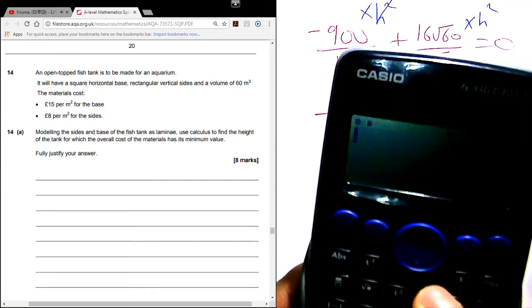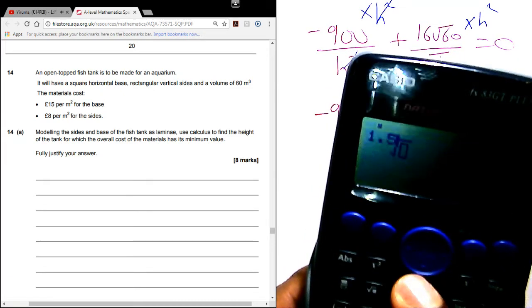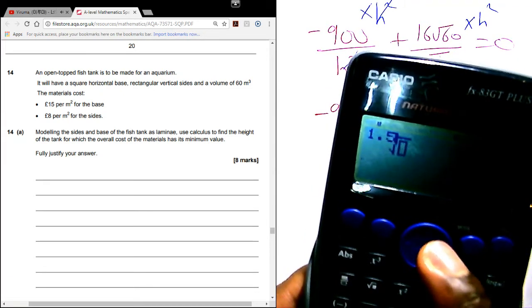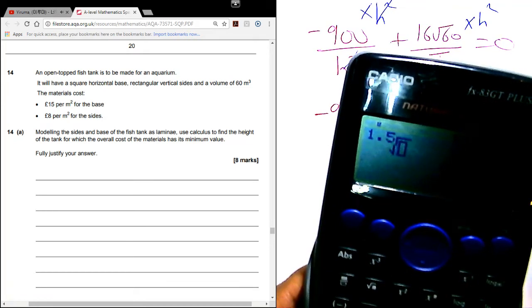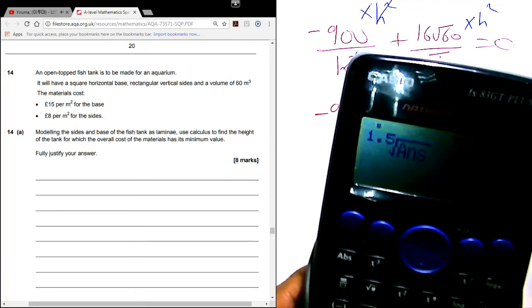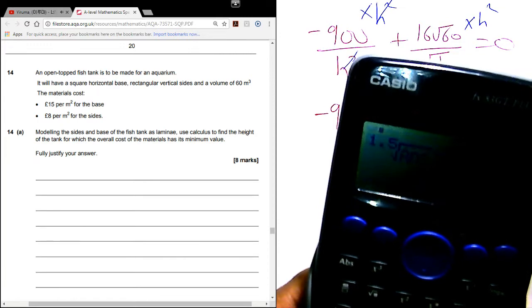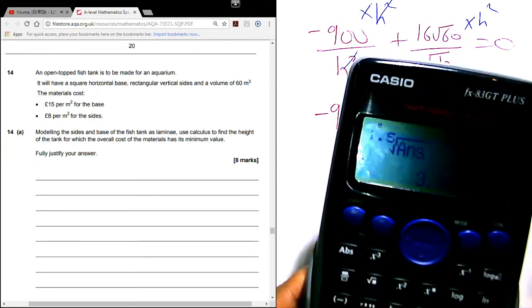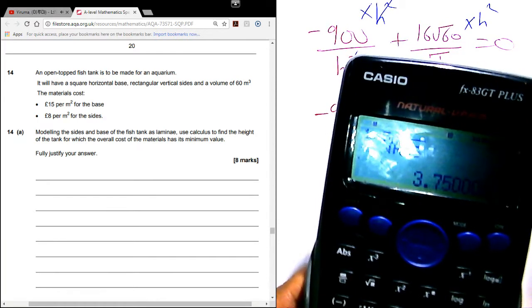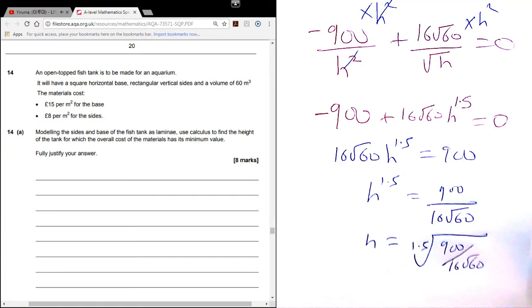Oh, shift and that. So the 1.5 root of the answer is given as 3.75. Okay, 3.75. And that is the answer you have there.